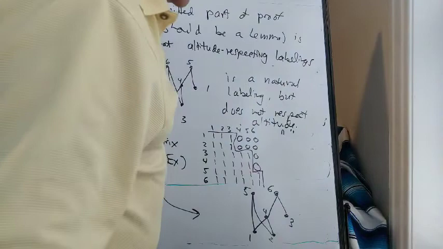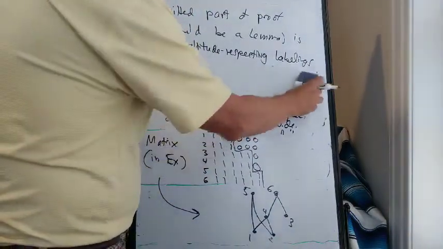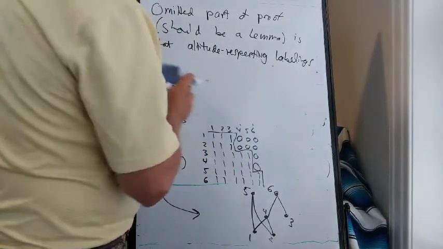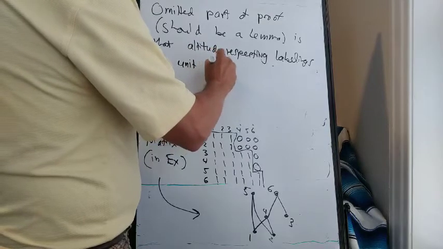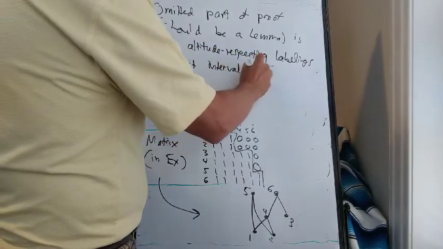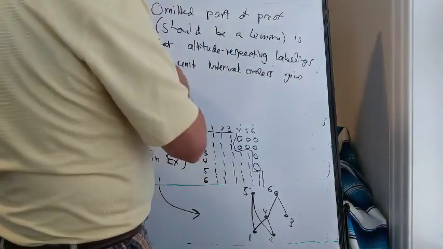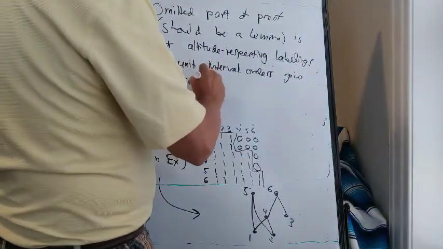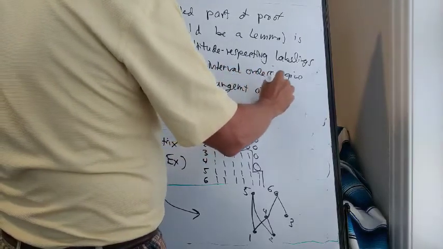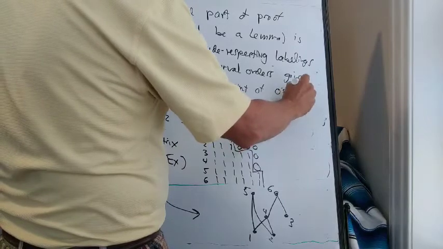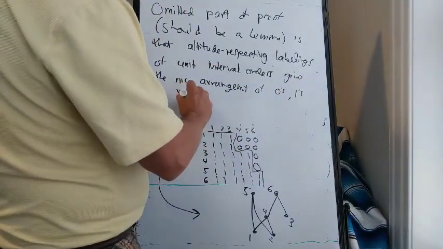So altitude respecting labelings of unit interval orders give the nice arrangement of zeros and ones in this matrix, which is called the anti-adjacency matrix.